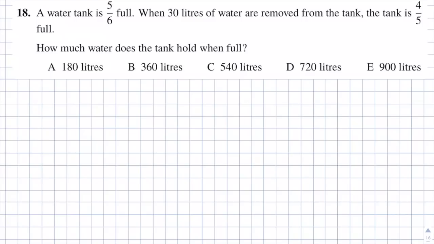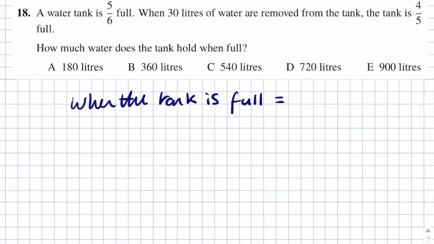Okay, so what we need to do is basically form an equation based on what we're told. Let's say that when the tank is full, the tank can hold x litres. Now, our water tank at the moment is 5/6 full, so in other words, it's 5/6 of x.